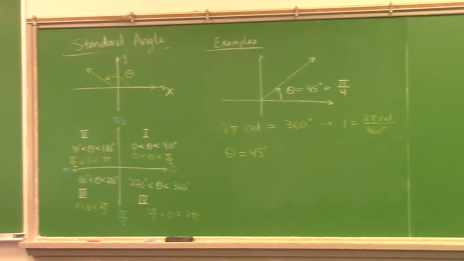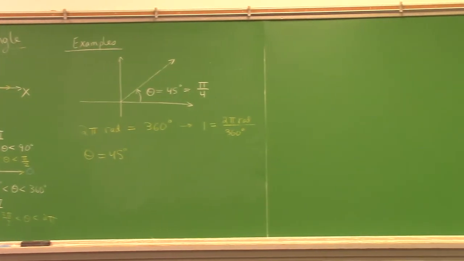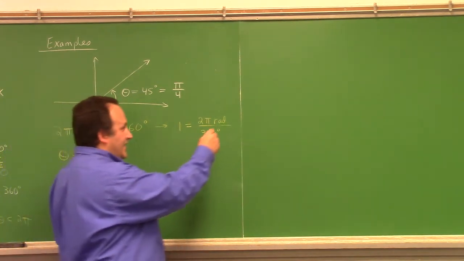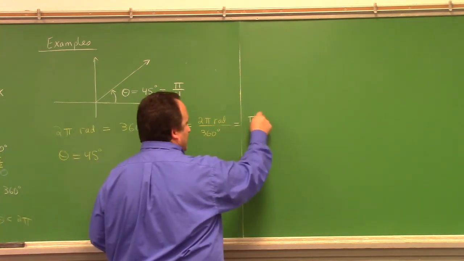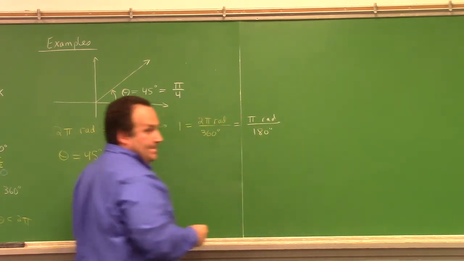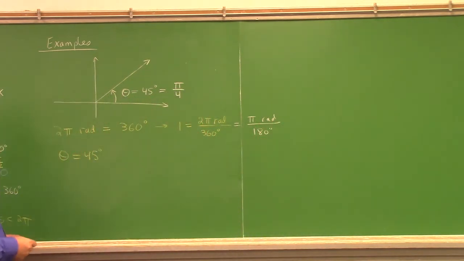If you've been taught unit conversion before, you were probably not taught to multiply by 2 pi over 360, because that would take like 3 calculator steps, right? When you could just multiply by pi radians over 180. So you just cancel the 2, right?